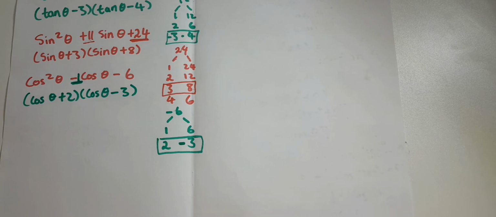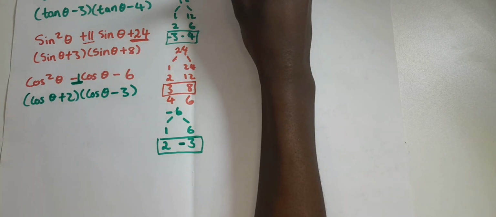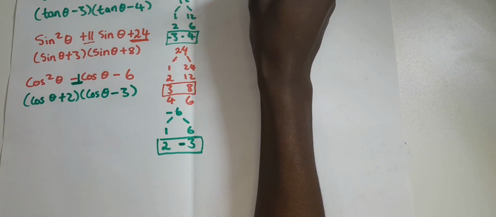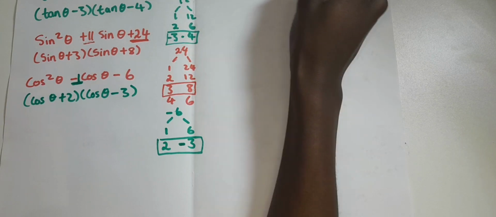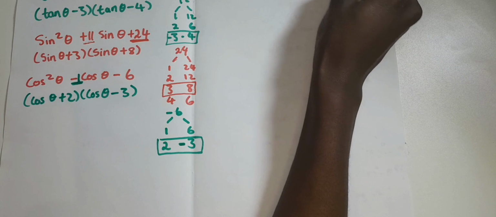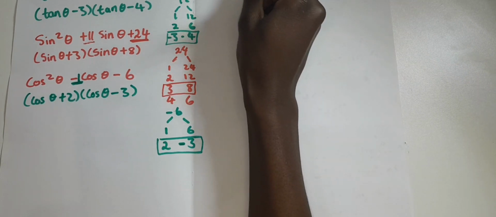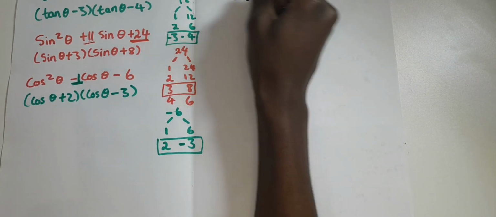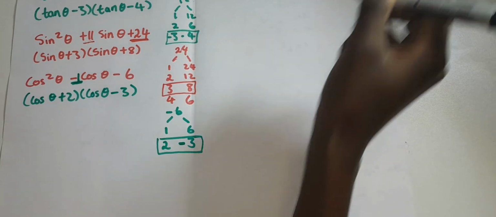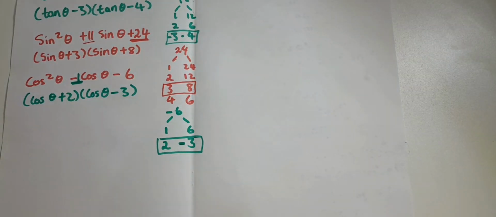So let's check for difference of two squares. If you don't know what a difference of two squares is, please check out our algebra videos on difference of two squares.